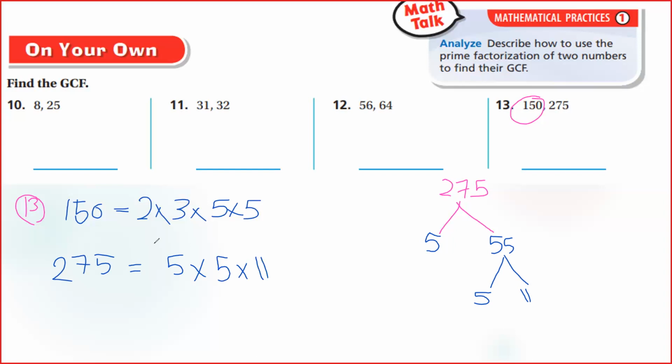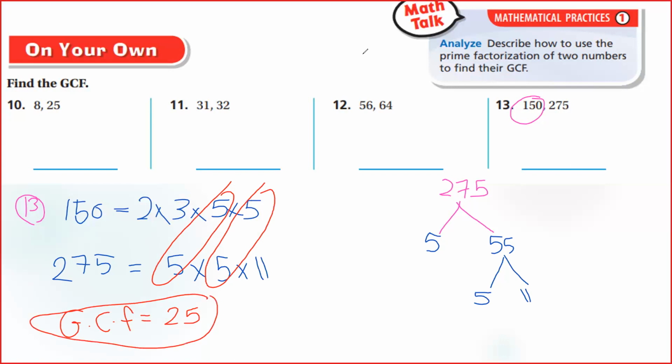Now, remember, when you write the prime factorization, don't take the greatest one. You need to circle all the common factors and then multiply them to find the greatest common factor. I remind you, greatest common factor and least common multiple are different in prime factorization.